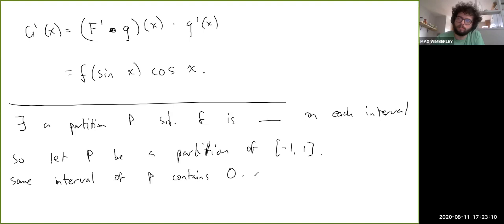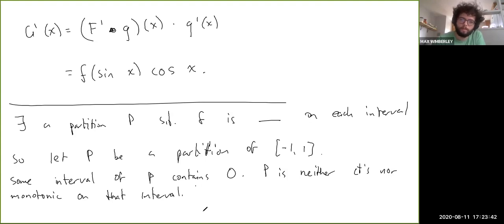No matter what, P will be neither continuous nor monotonic on that interval.